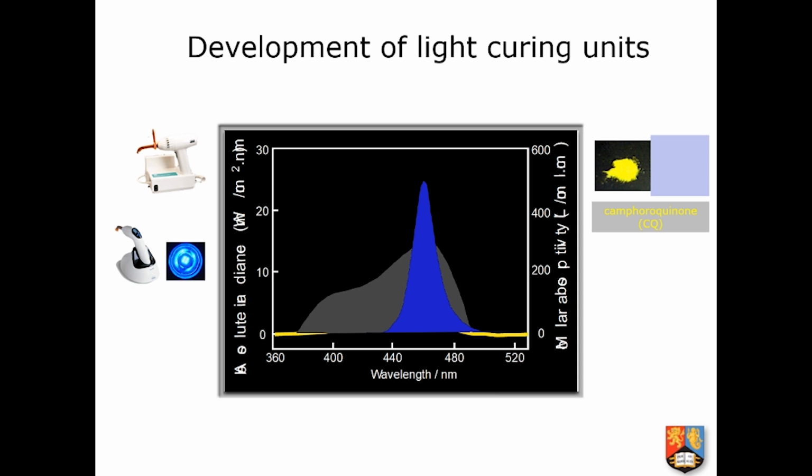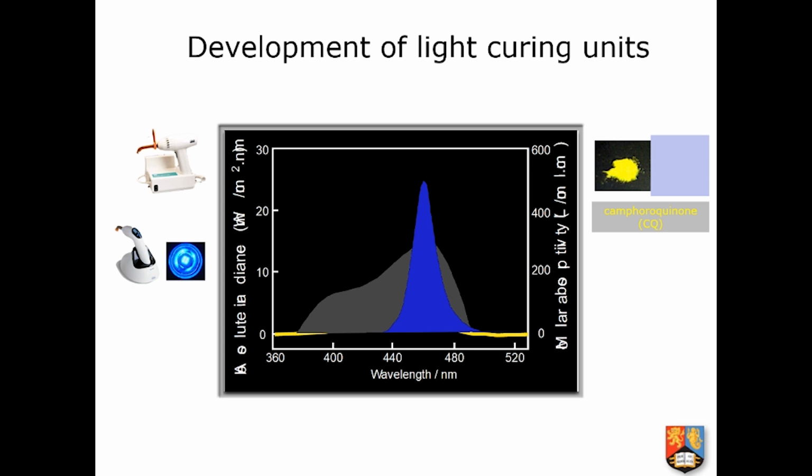And more recently, well, over the last 20 years, we have kind of superseded halogen lights with the use of LED technology. So most dental curing units now, the light source is a diode centered around, again, the maximum absorption of camphorquinone.